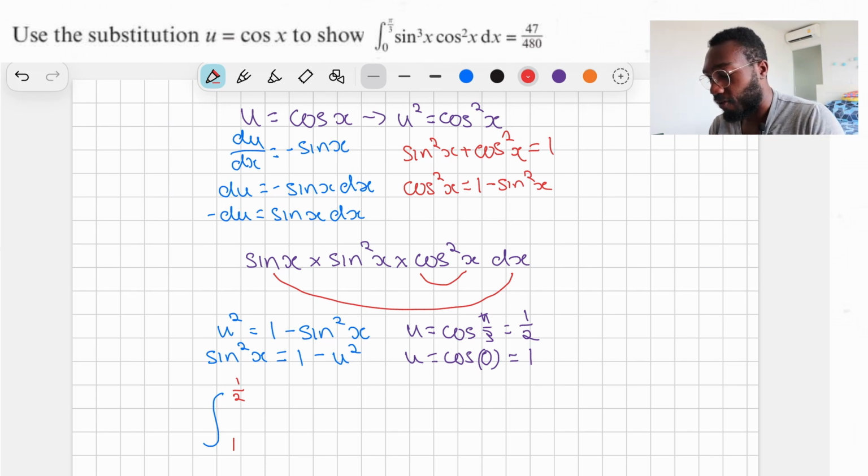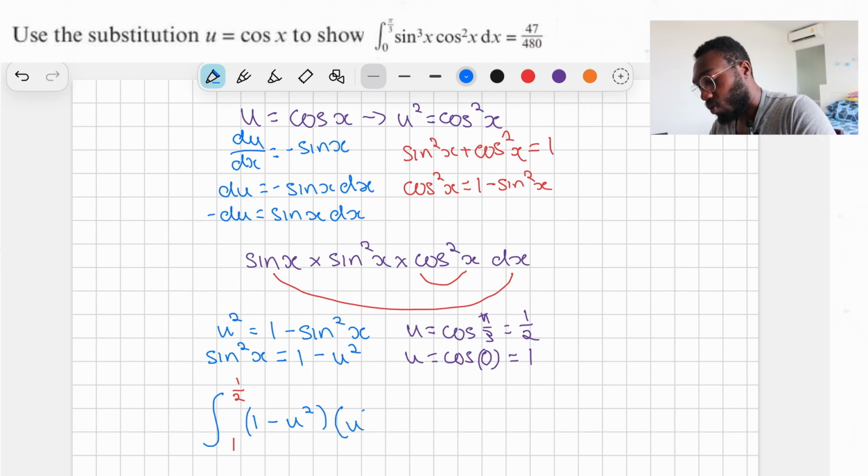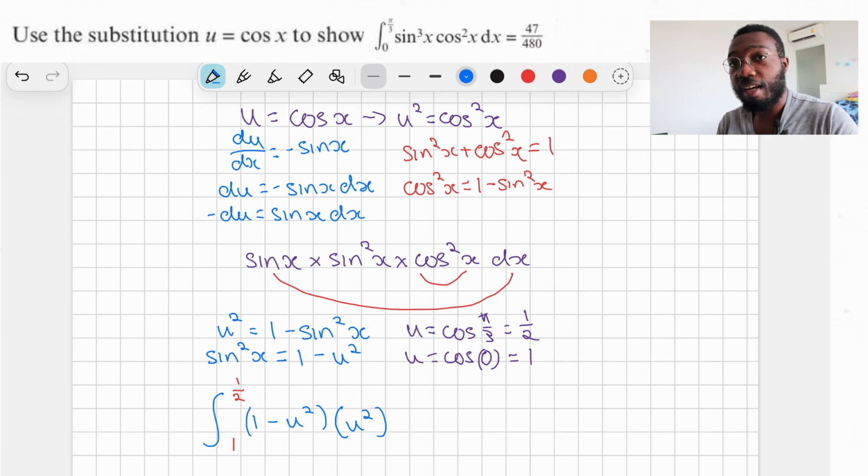And then let's do the sine squared x. So we have 1 minus u squared, that is times the cosine squared x, which is just u squared, and that is times the sine x dx, which is a minus du.